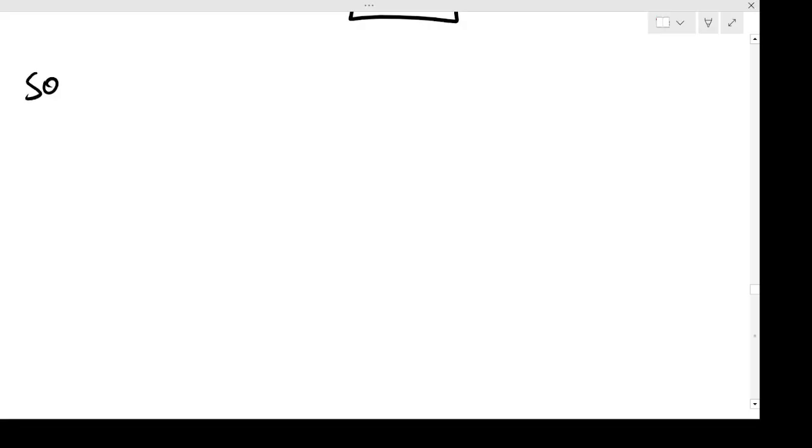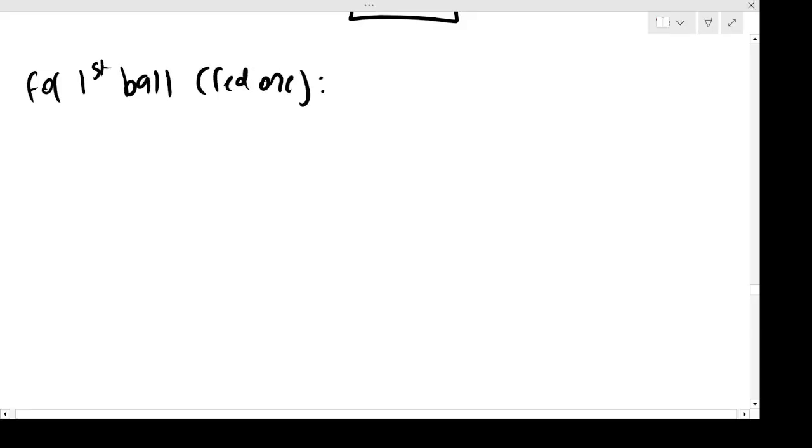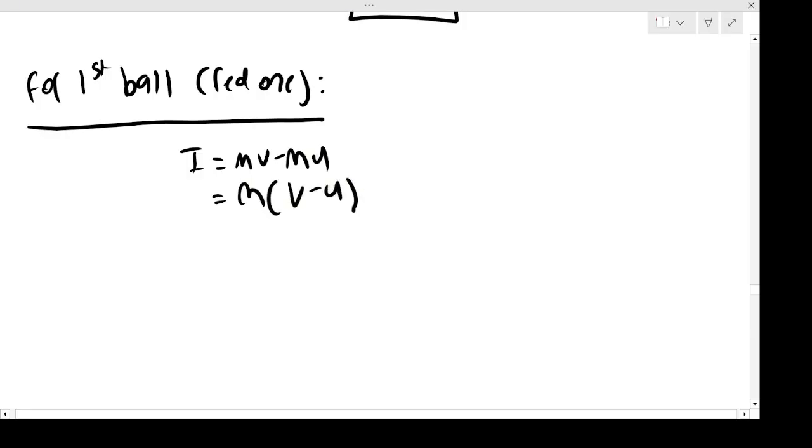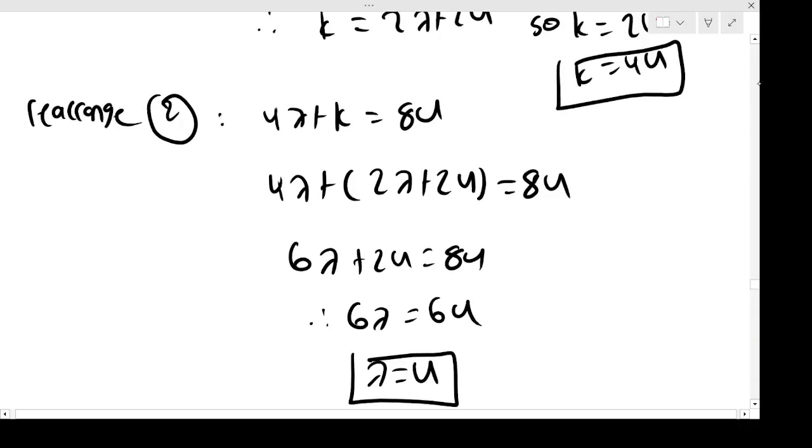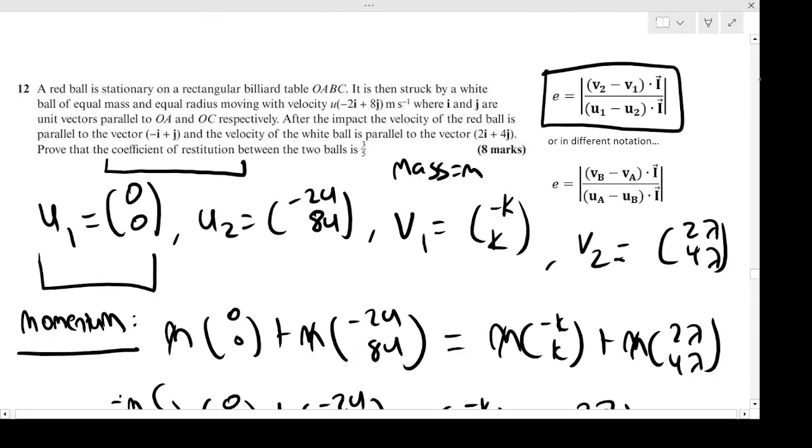So if I consider the first ball, the red one, that's going to be I is mv take away mu. Well, in this case, I've just called the mass m, so it's v take away u. If I look back, for the first one, the final velocity is minus k, k.